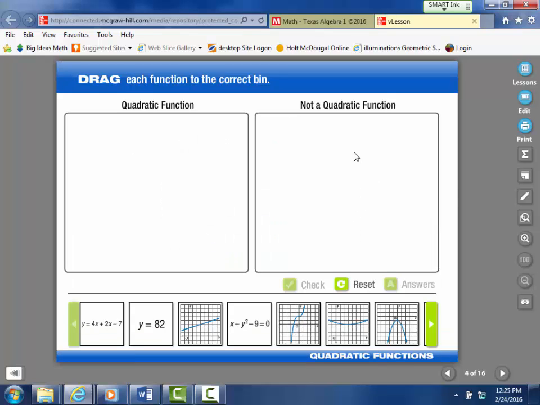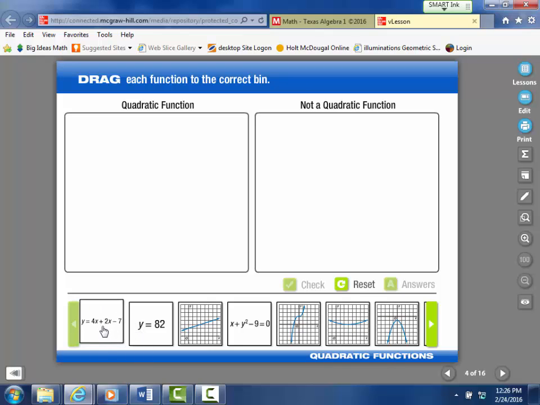All right, so a quick game of quadratic function or not a quadratic function. This would be a lot more fun if we were doing it together, but unfortunately I'm in Austin, so you're going to just kind of have to bear with and watch me play.